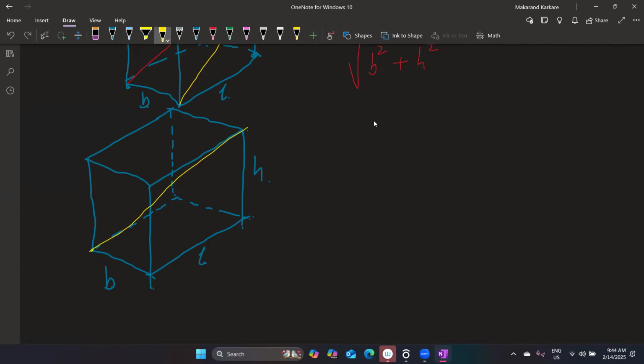Does this make sense? Wait, this is not very clearly visible. So let me draw this. Is this visible to you? From here to here, it is front top corner to the bottom back corner.